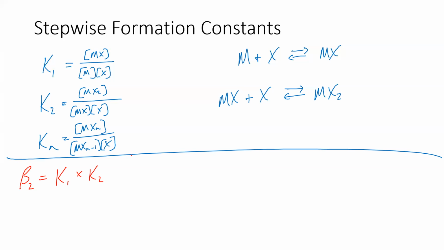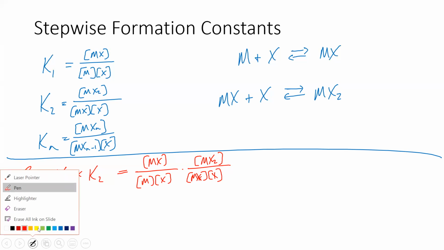And so since we have K1 and K2 here, I'm going to write this out. So MX over M times X, times MX2 over MX times X. I need to get some common denominators in here.